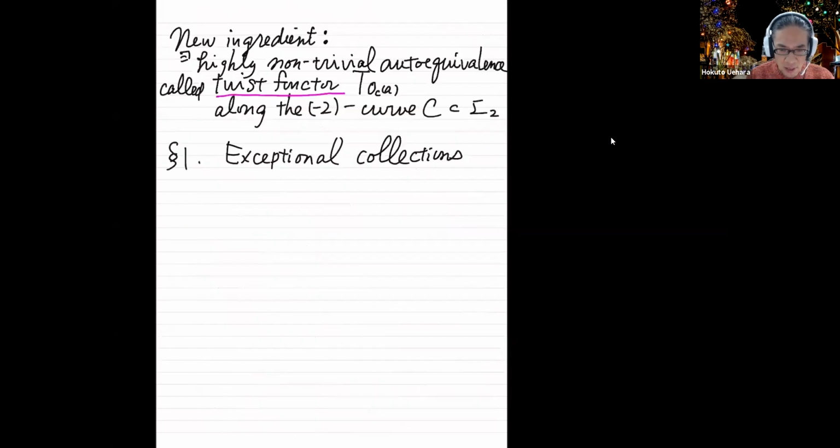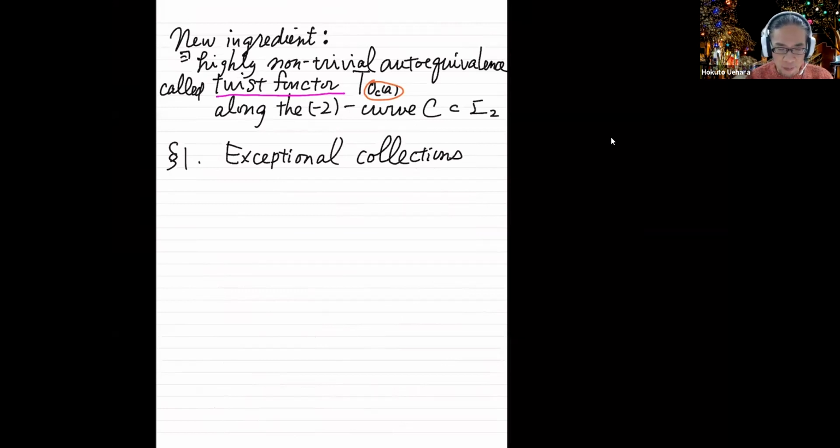The new ingredient is that a weak del Pezzo surface, if it's not del Pezzo, contains -2 curves. And if we have -2 curves, we can define a highly non-trivial autoequivalence called the twist functor associated to some line bundle on the -2 curve C inside Sigma 2.